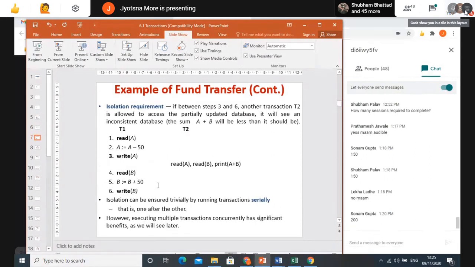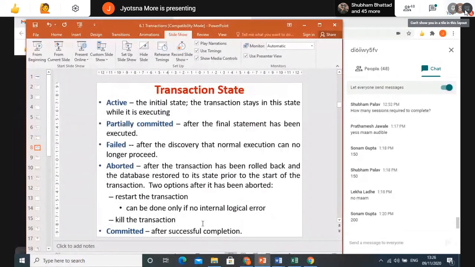So remember the commands commit and rollback. In aborted, there are two ways. One is to completely restart your transaction, right? Or kill your transaction completely. I don't want to restart, I just want to close it. So there are 2 ways you can abort it. And finally committed, executed successfully.